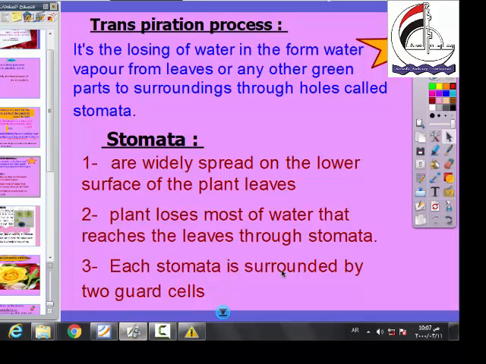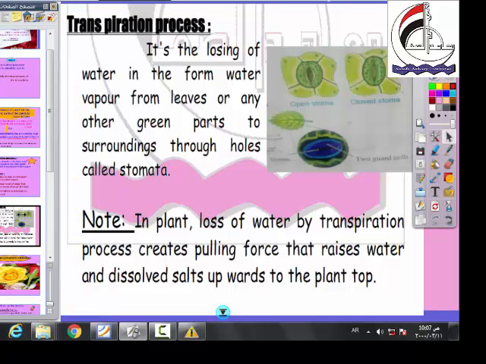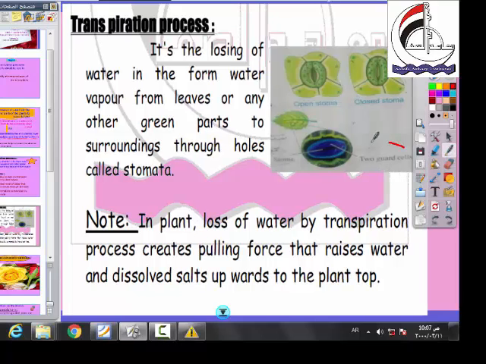These 2 guard cells surround the stomata. This is the stomata, with 2 guard cells surrounding it.